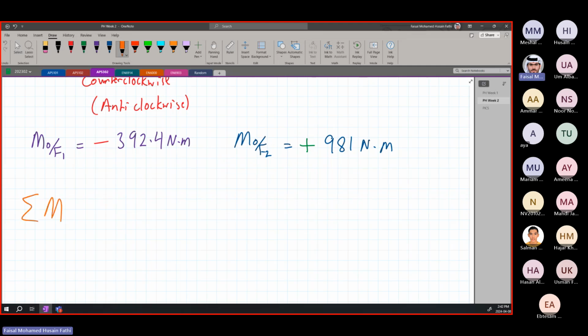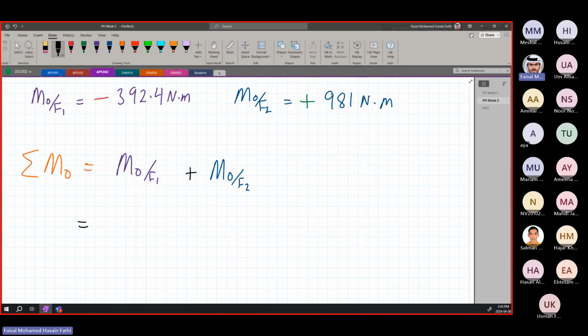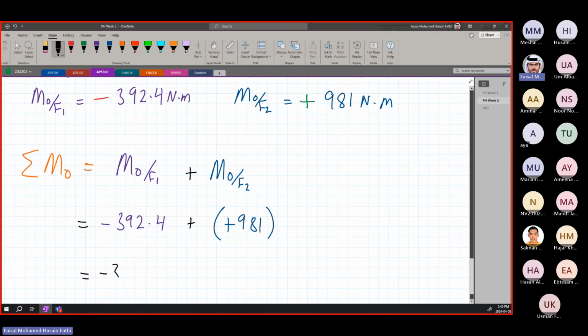So the sum of moments about O is going to be equal to M_O F1 plus M_O F2. And then you're just going to add all the moments that are about O. So this is going to be equal to minus 392.4 plus 981.